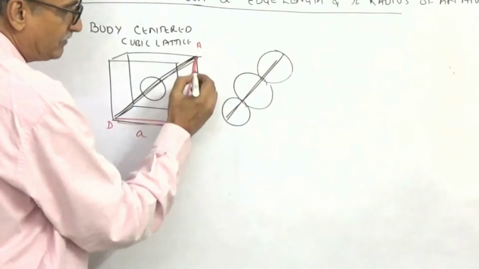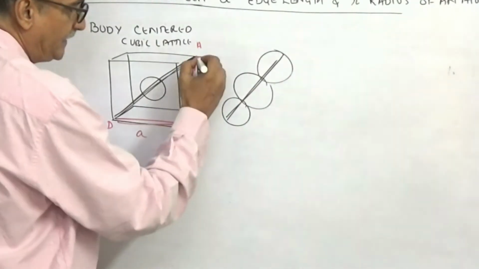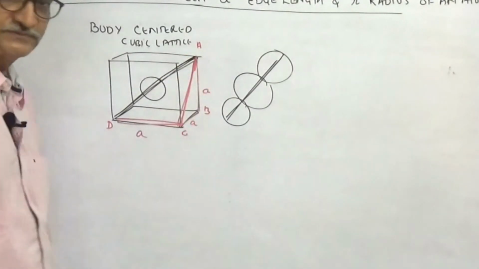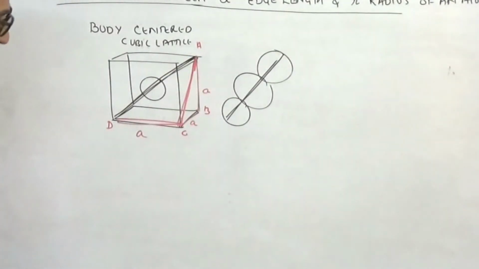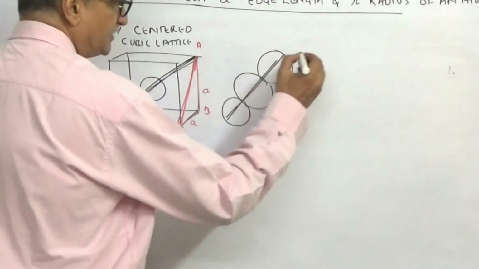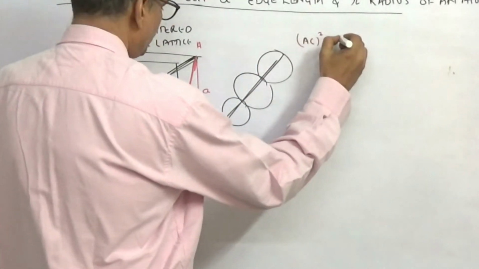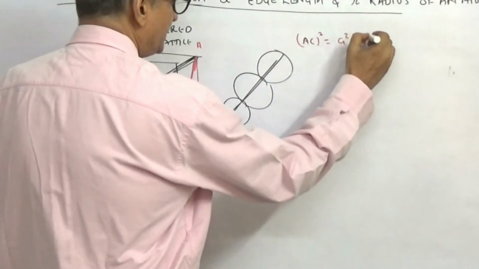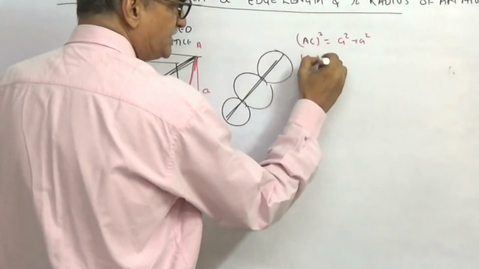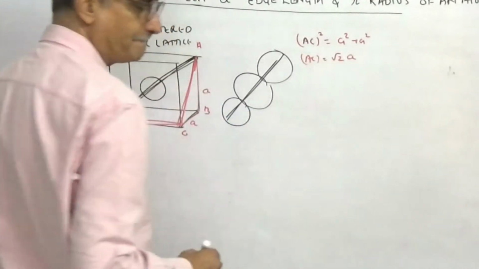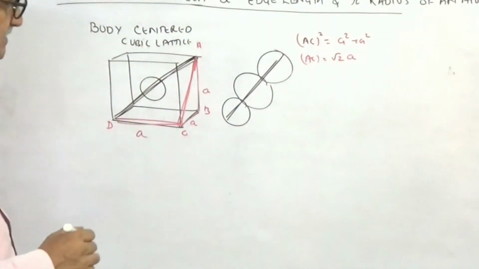I am first calculating from triangle ABC the value of AC. So AC square, Pythagoras theorem, AC square is equal to A square plus A square. So AC will be root 2 A.